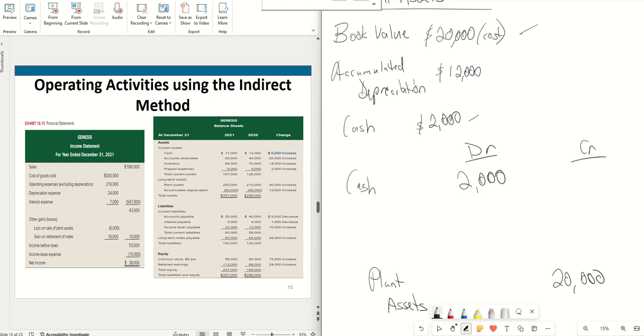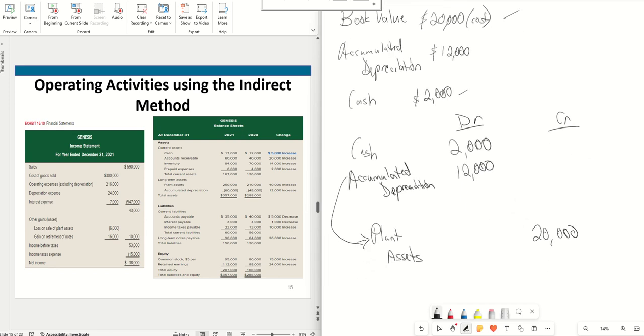So in order to do that, you're going to have to debit $12,000 to accumulated depreciation, that account. There we go. And accumulated depreciation is a contra asset account that's directly linked or connected to that plant asset. Okay. So when you do debit accumulated depreciation and then credit plant assets, you have eliminated the balances in those accounts. So you just cleared them out.